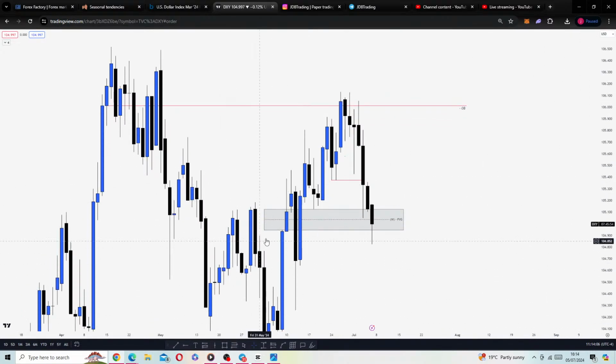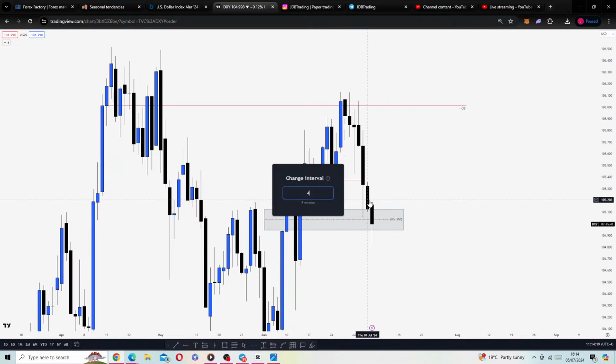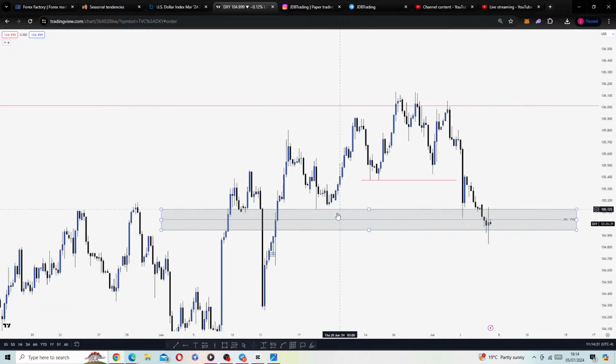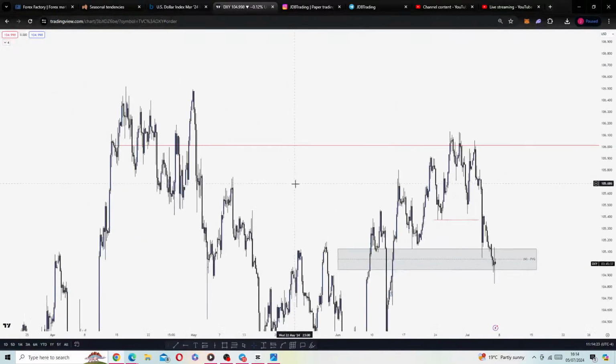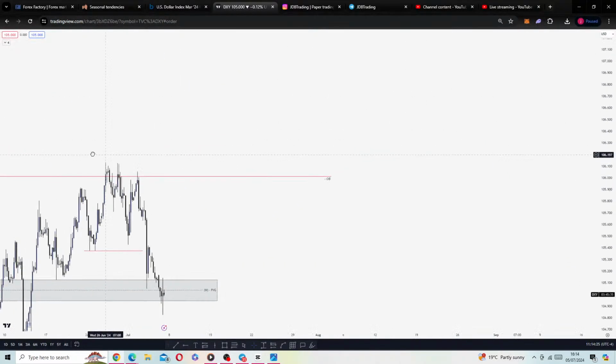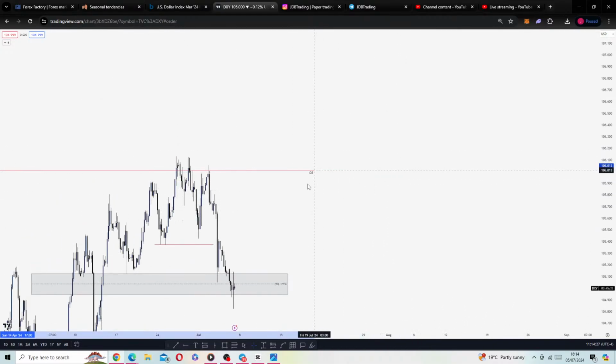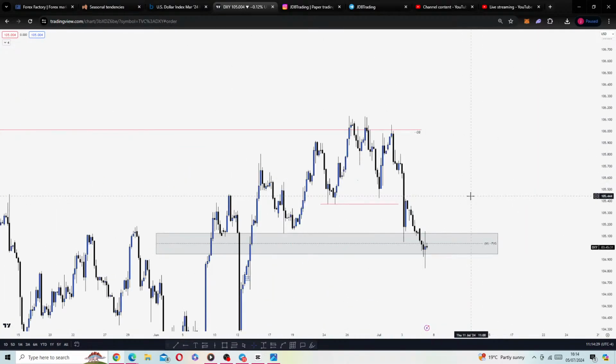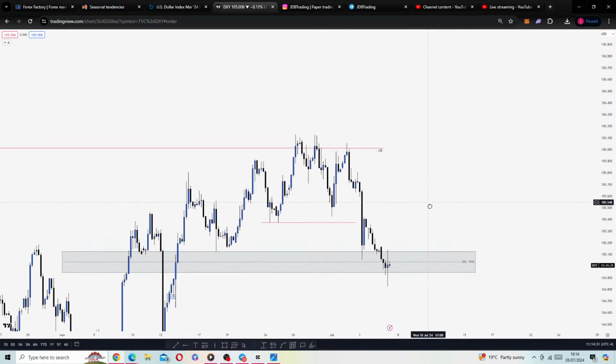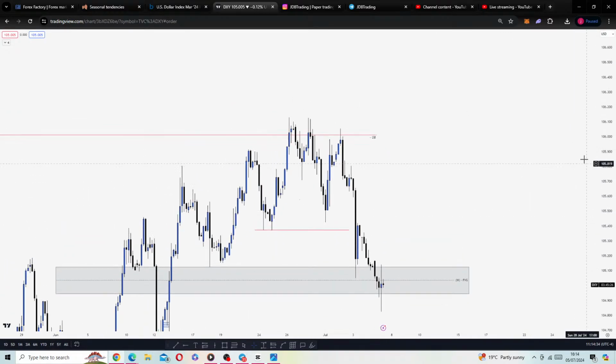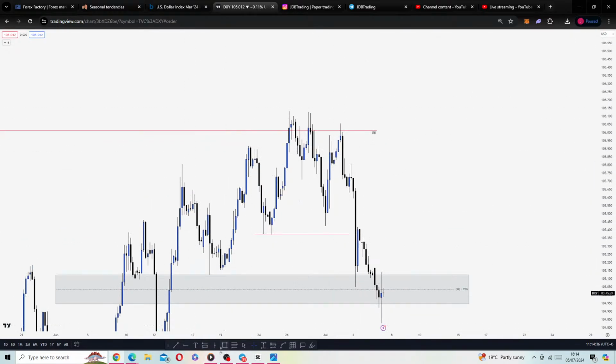While reviewing this week, how would I have known it was going into this weekly fair value gap, for example? So I've gone to the 4 hour. We know it's coming to a daily order block right here, and you see it's reacted very nicely.